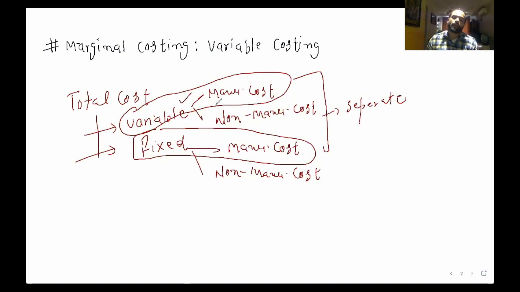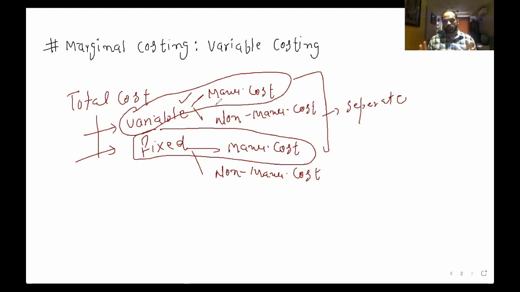All right. Why? Because there is an argument that fixed cost do not contribute to increase either production, all right, or fixed cost do not increase the selling units. It does not contribute anything. That's why we keep variable manufacturing separate from fixed manufacturing and variable non-manufacturing from fixed non-manufacturing.